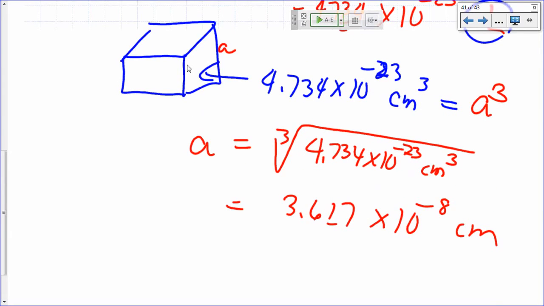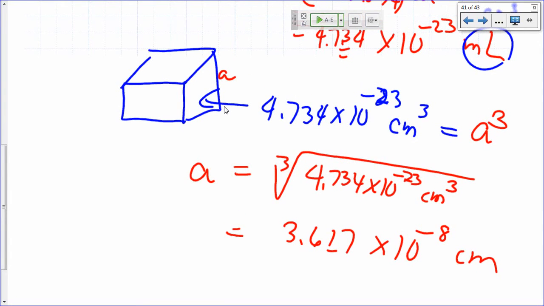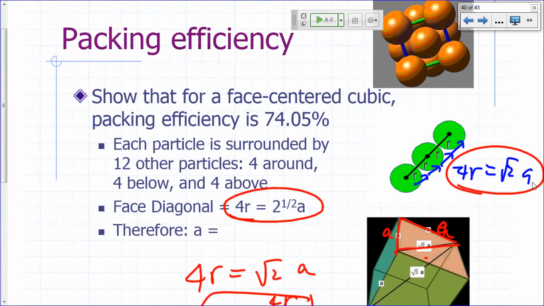What's the radius? Face-centered cubic, you remember? That's across there, that's 4 times the radius, right? 4 times the radius is equal to square root of 2a. It's the face diagonal.